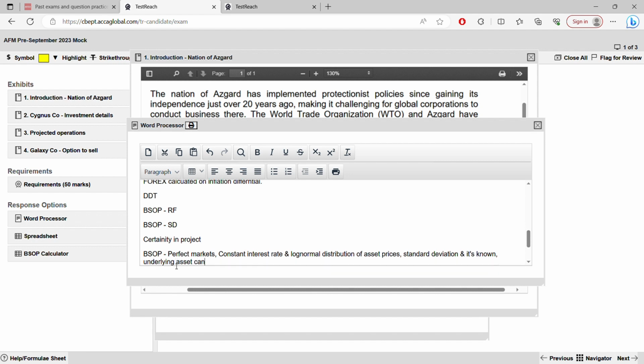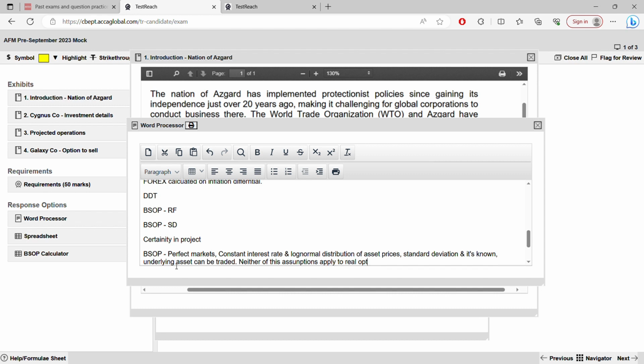This is a knowledge question, okay? If you have studied my lecture properly, the assumptions of BSOP, you will be able to answer all this. It's from there only. So you also have to say this is a real option, so neither of these assumptions apply to real options.